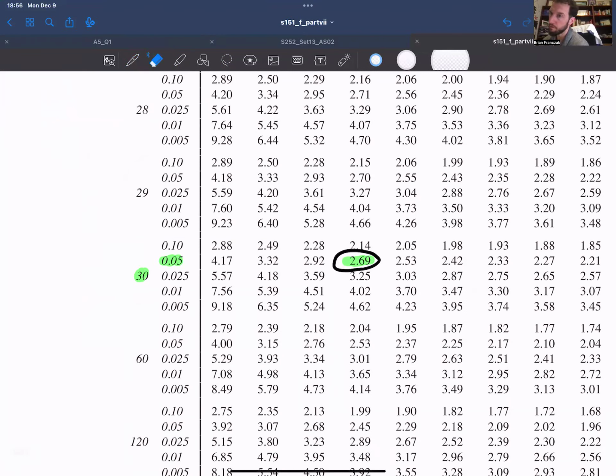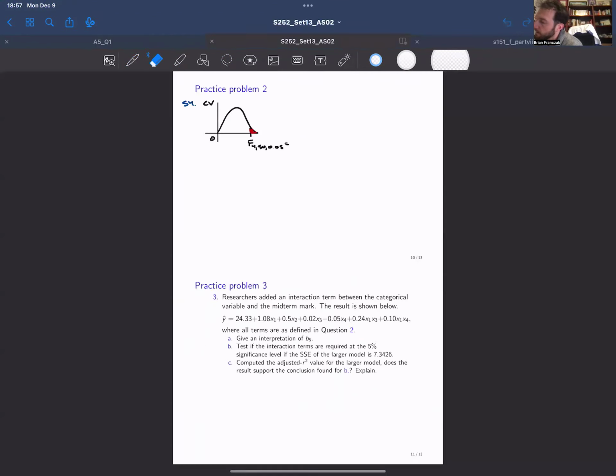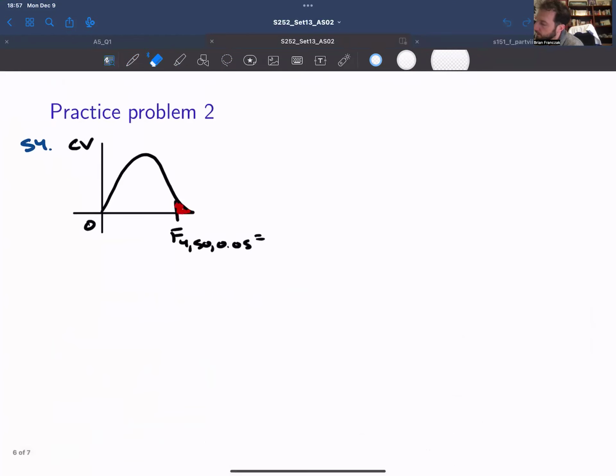And then notably for the p-value part, you can see the highest value in this slot is 4.62. Our p-value is very, very small. So we can kind of determine already what the p-value is going to be based off the size of that statistic. Nonetheless, so here we're going to say use F for 30, 0.05, which is 2.69.